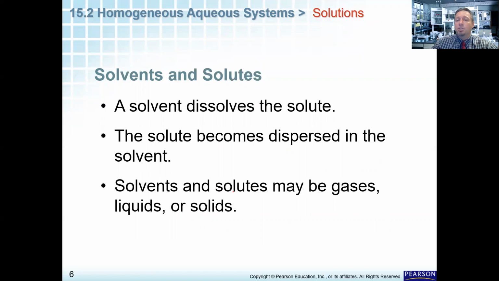The solute becomes dispersed all throughout. If you talk about a solution, it is evenly distributed throughout, and you may not be able to see it. For example, if you add sugar or salt to water, you're not going to be able to see it.